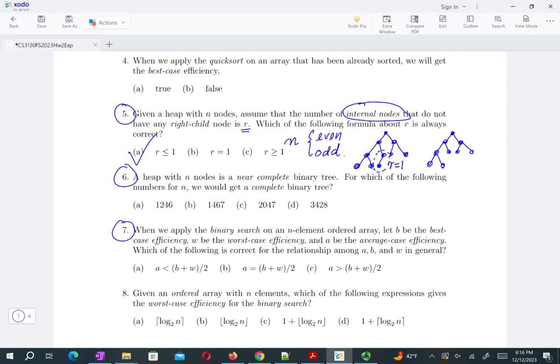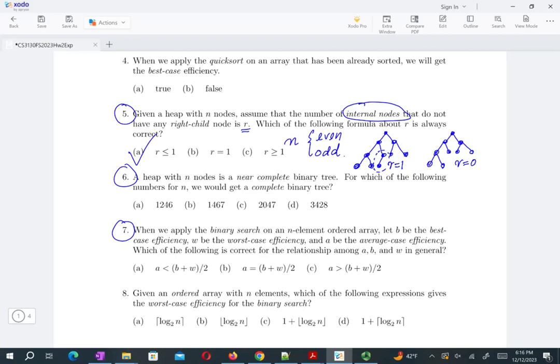The internal node without a right child node, that number is only 1. For odd, R equals 0. Only these two cases, R equals 0 or 1, for even and odd.